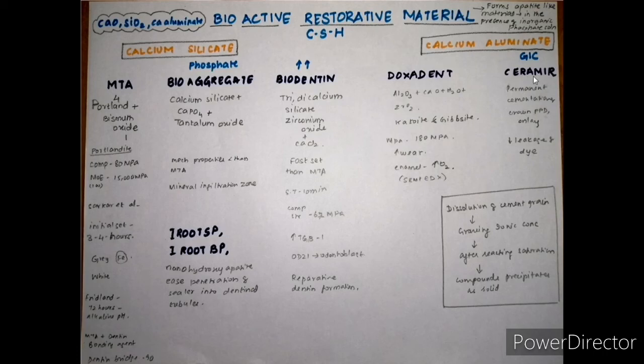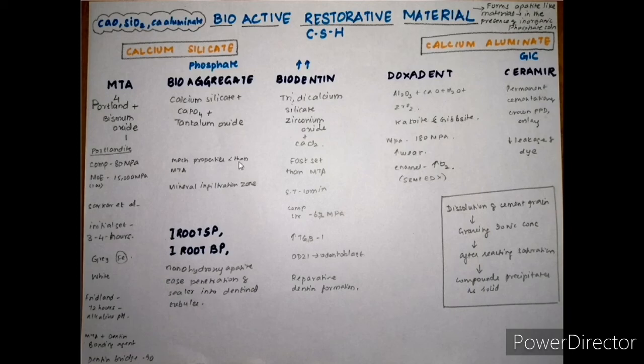The next is Ceramer. Ceramer is a combination of a bioactive restorative material with GIC, that is calcium aluminate plus GIC forms Ceramer, and it can be used for permanent cementation purposes and cementation of onlays, and studies have shown that it has decreased microbial leakage and dye leakage.